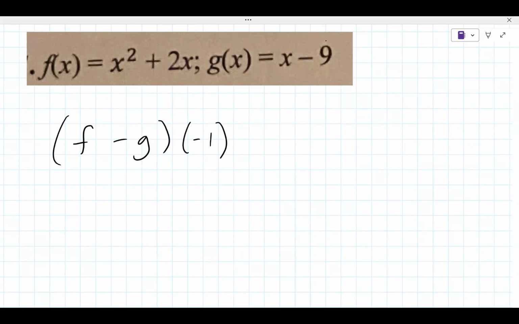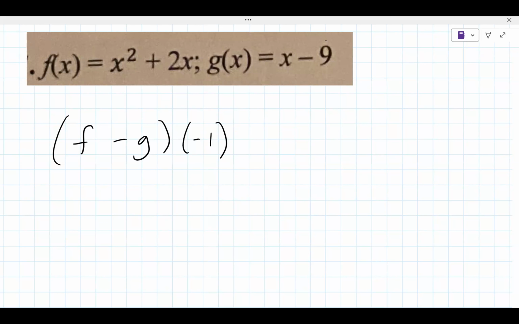So that would be -1 squared, which is 1, plus 2 times -1, which is -2, so the total is -1. So f equals -1. And then g would be -1 minus 9, which is -10. So then that would be -1 plus 10, which equals +9 is my complete answer.